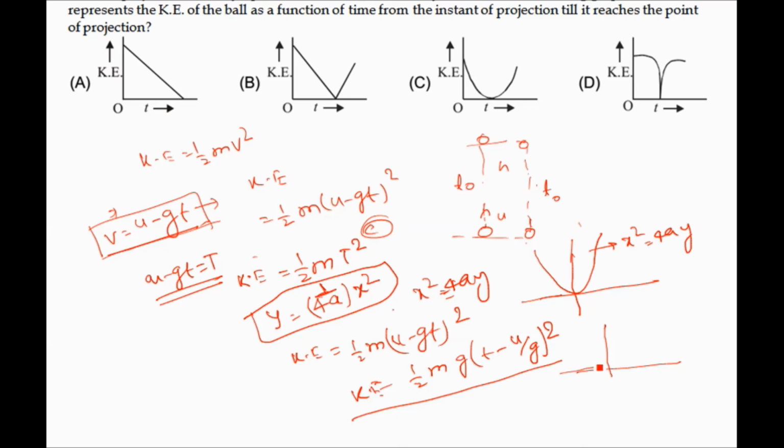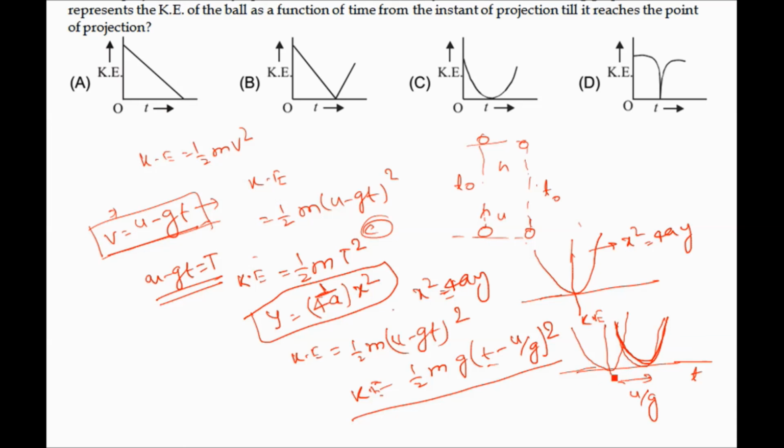The graph will be shifted by a distance equal to u by g. So the gap between these two is equal to u by g. That's why this curve is shifted by a distance u by g to the right hand side. This is our time, this is our kinetic energy, and the actual curve will be this. If any term is subtracted from the time, then the graph will shift to the right hand side.